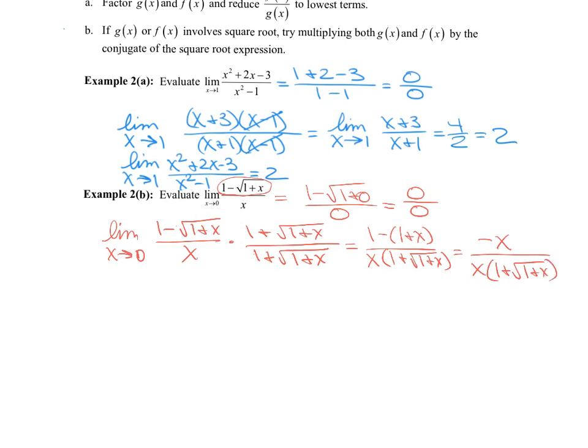And you see the negative x over x can simplify into negative 1 over 1 plus rad 1 plus x. And again, this is the limit as x approaches 0. Now what happens when you substitute 0 in for x? You get negative 1/2, which is the limit in this example.